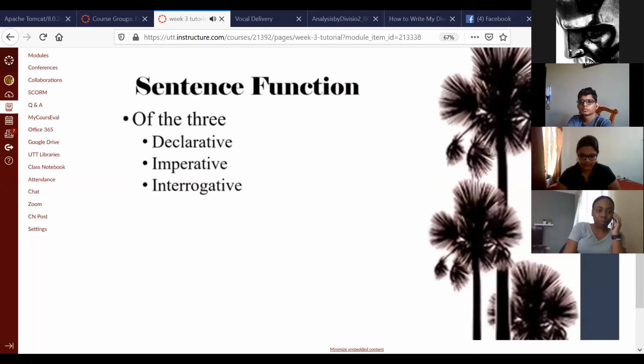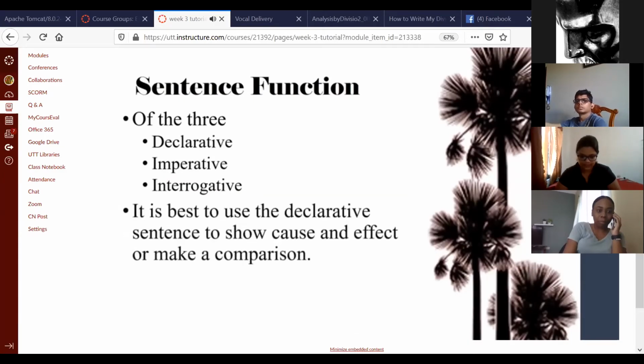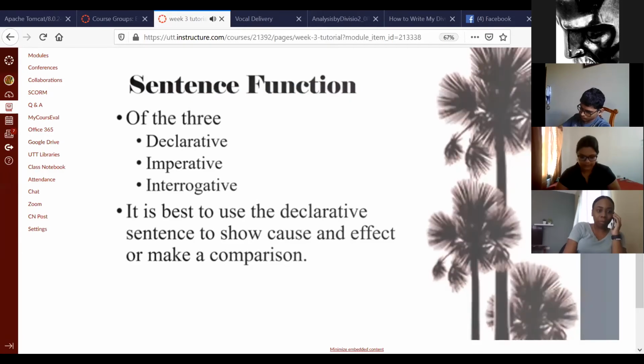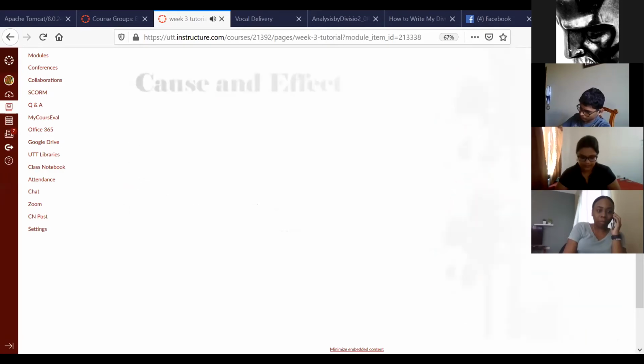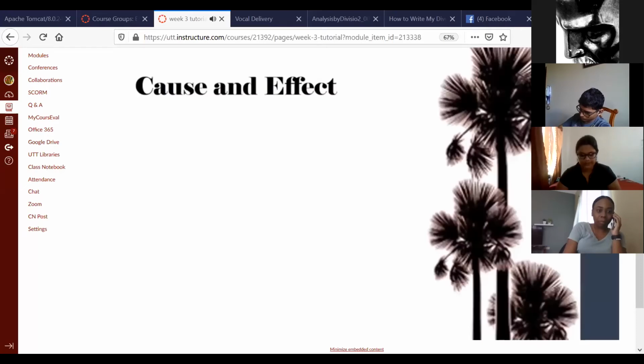Of the three, declarative, imperative, and interrogative, it is best to use the declarative sentence to show cause and effect or make a comparison. And what do we mean by cause and effect?